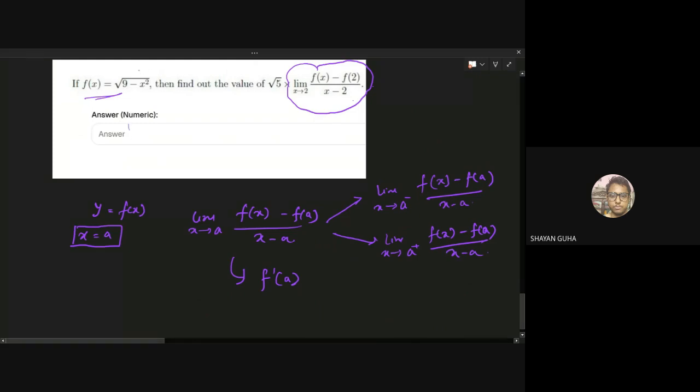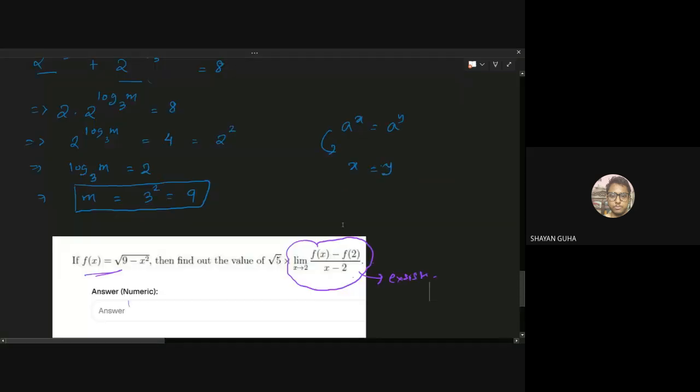To be honest, you won't be given such kind of problem where there are points of discontinuity, or the function is not differentiable somewhere. So you can easily consider that this given limiting value exists.